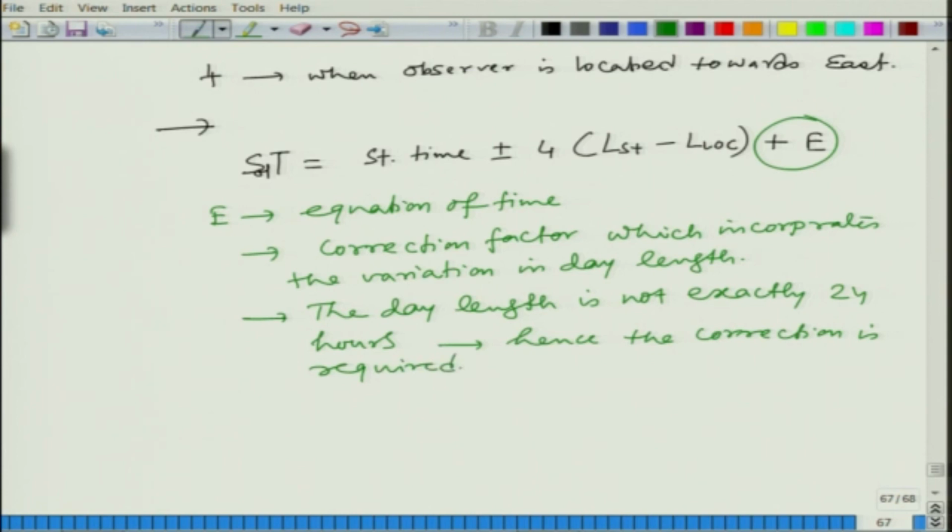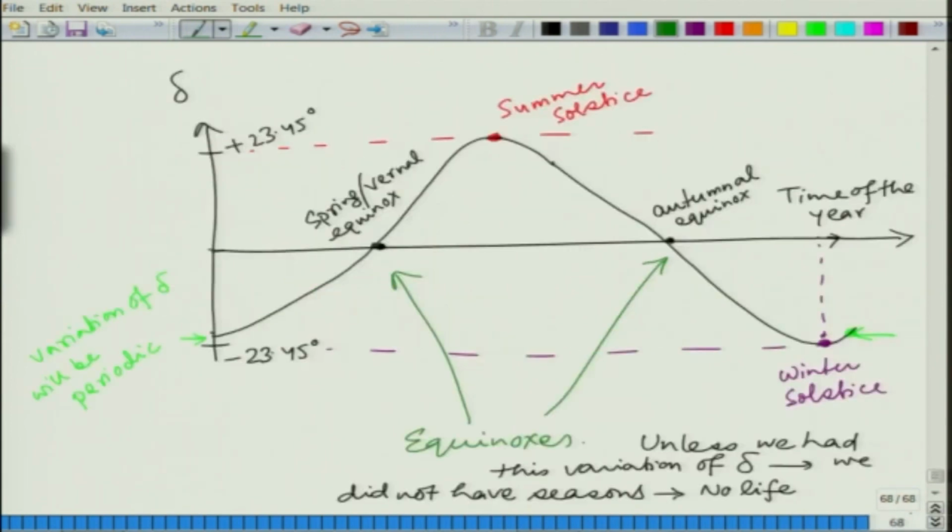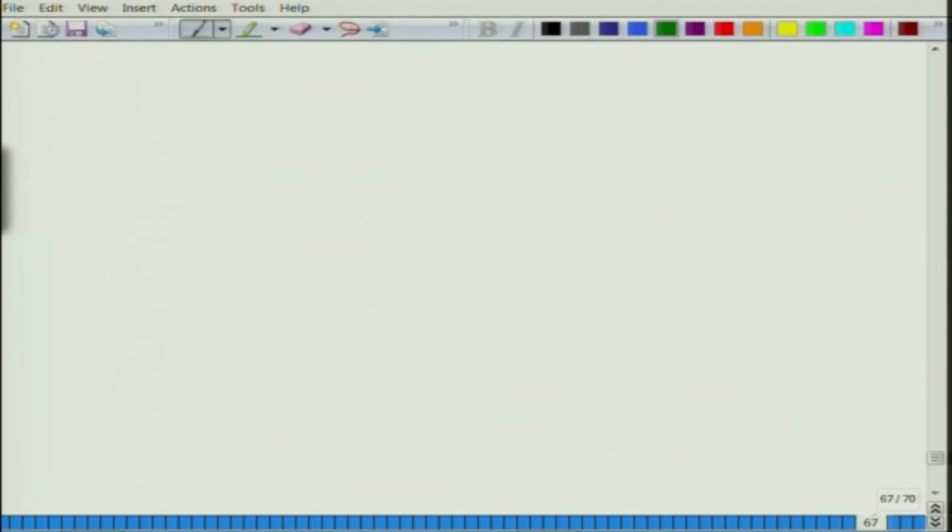And the correction is done through this equation of time. So, now what is that correction?